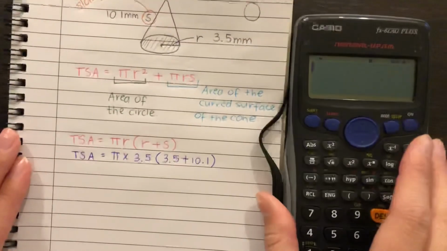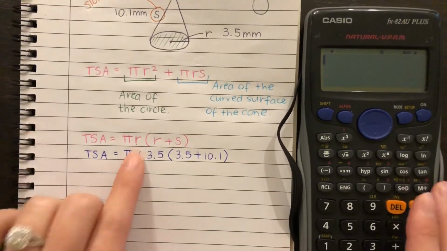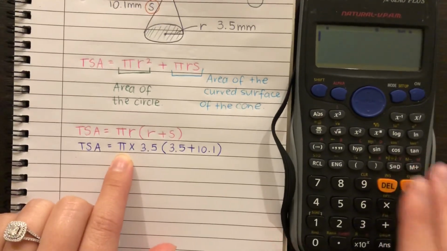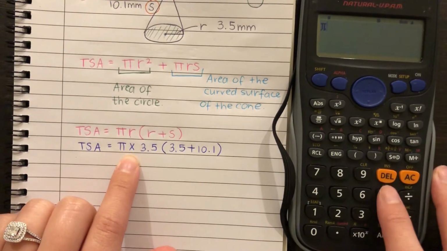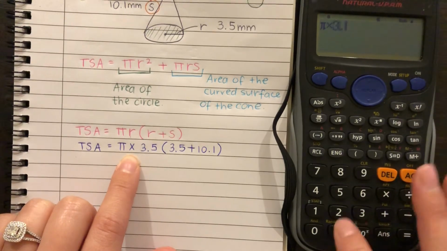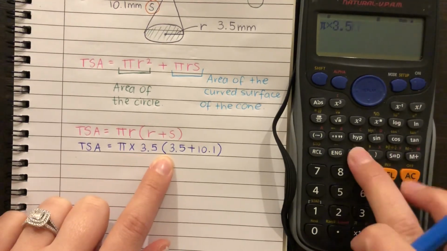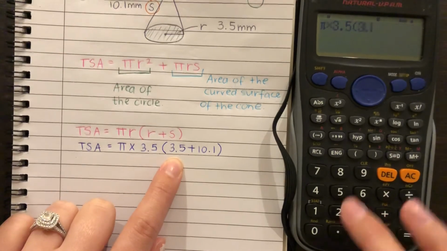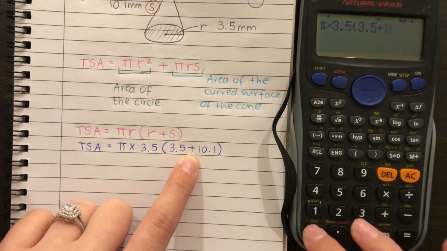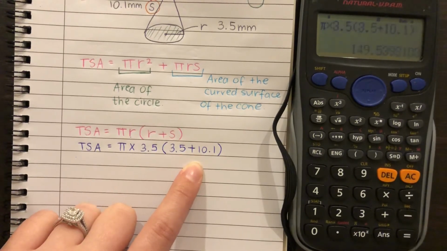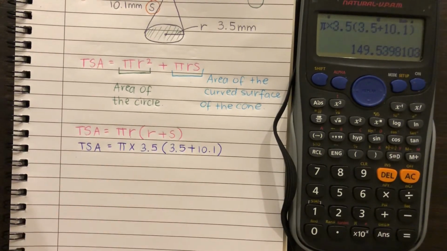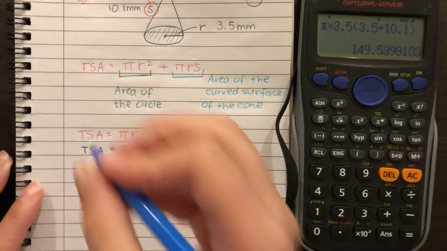Now what you see here is going exactly into your calculator, exactly how you see it, like I always say. So I've got my calculator here, and I'm going to put pi, as in the actual pi sign, times 3.5, open bracket, 3.5 again, plus 10.1, closed bracket, equals, and we're going to round to 2 decimal places.